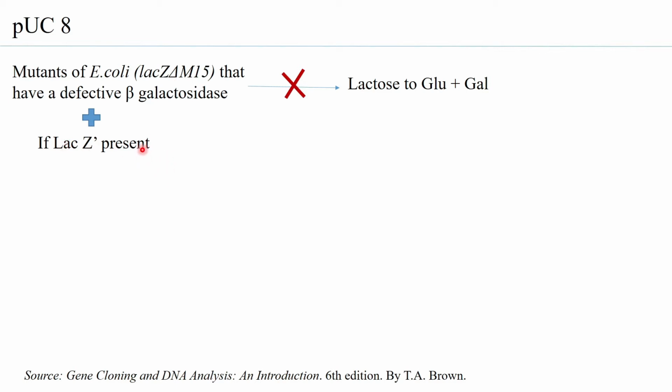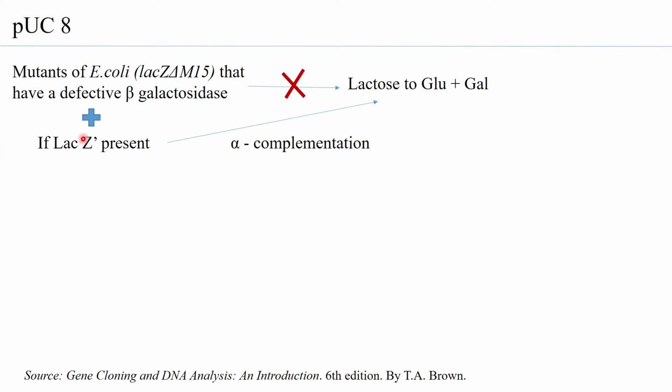So the lacZ prime actually makes the defective beta galactosidase effective. And because of that, lactose will get converted to glucose and galactose. So this phenomenon is what is called alpha complementation.